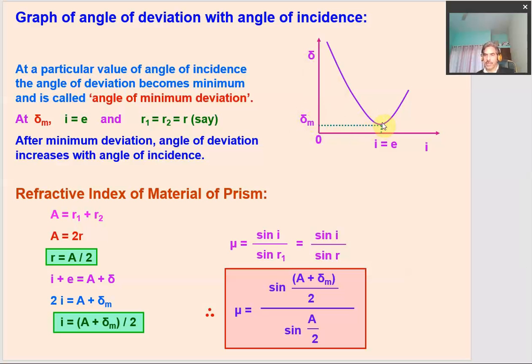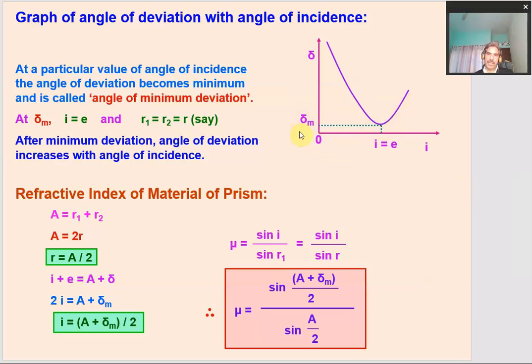If we still increase the angle of incidence, the angle of deviation no longer decreases but starts increasing again, right? So we get a graph just like this. That means there is one particular value of angle of incidence for which the angle of deviation is minimum.